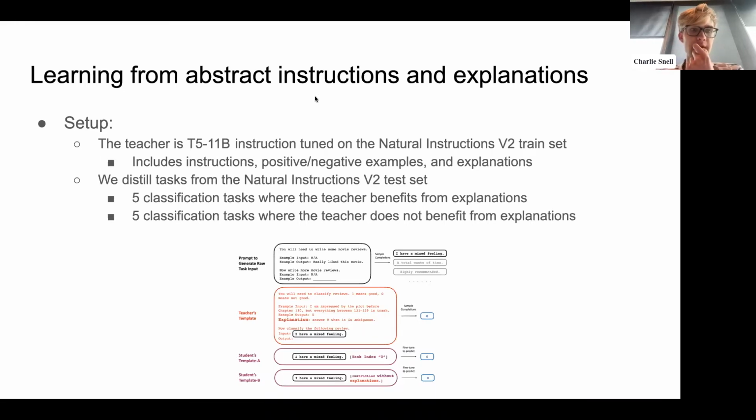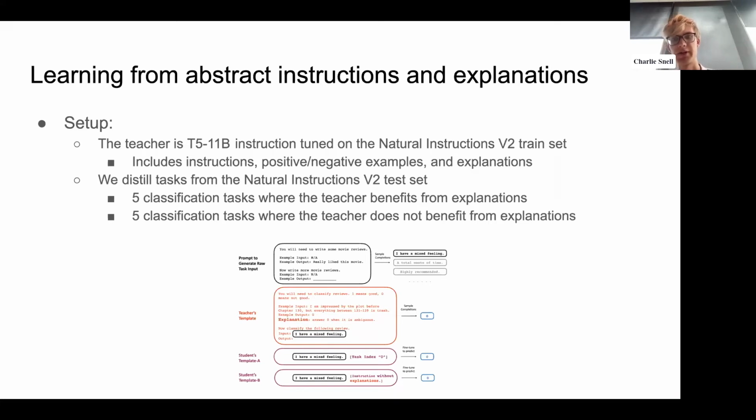So in this case, the setup is we have this instruction tuned 11 billion parameter model. We instruction tuned it on a data set called Natural Instructions V2, which includes task descriptions followed by some positive and negative examples and natural language explanations of each of the examples to put in a prompt.